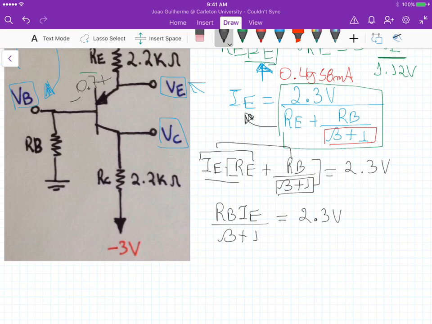And because we want to isolate beta plus 1, the IE RE goes to the left hand side, so it's minus IE times RE, right?